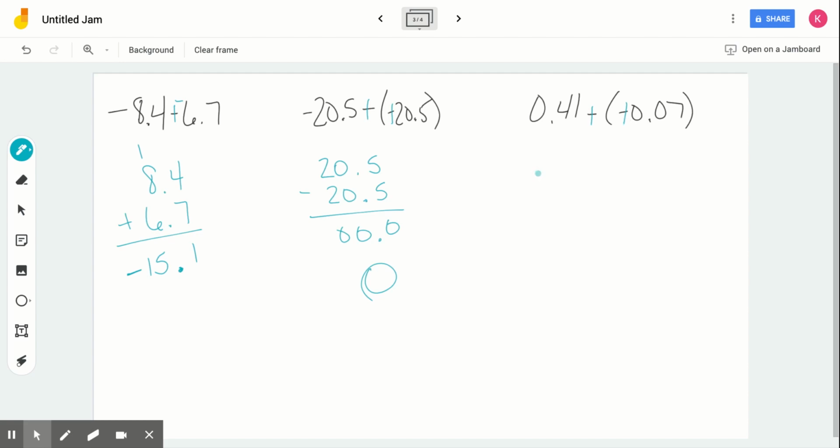These now have the same sign, so I add them. 1 and 7 is 8, 4 and 0 is 4, 0 and 0 is 0. Drop that decimal point straight down, and since they have the same sign, I keep the sign.